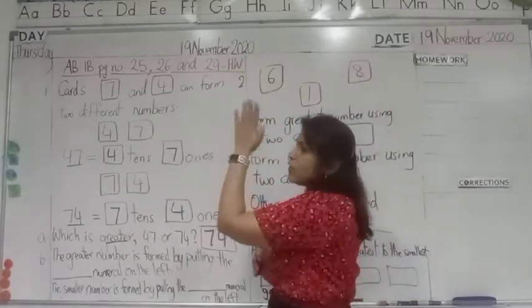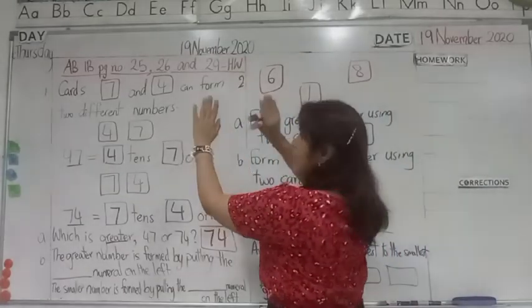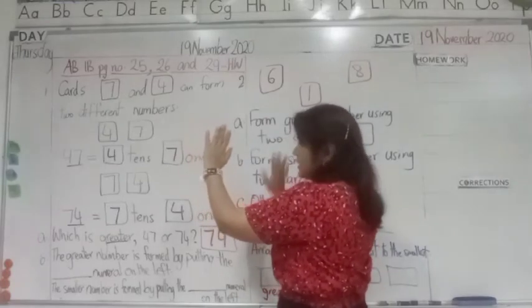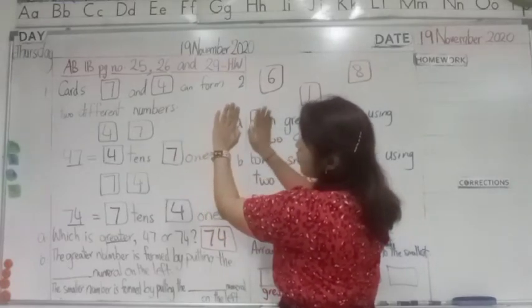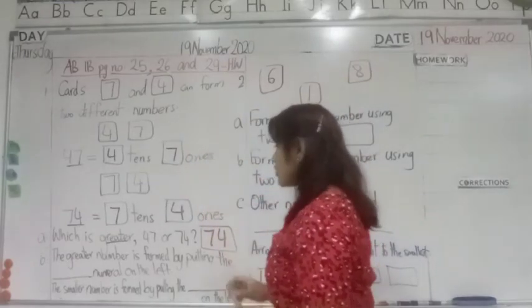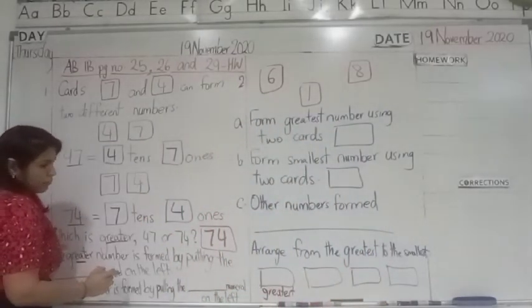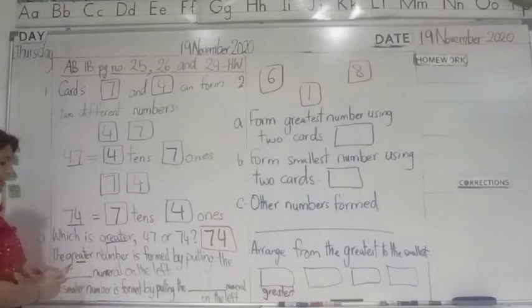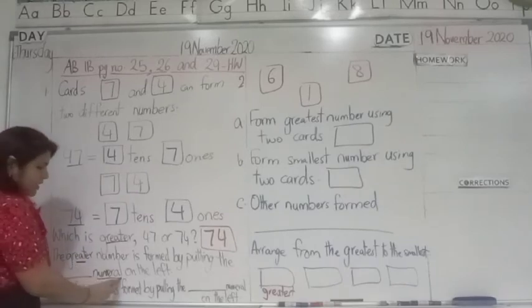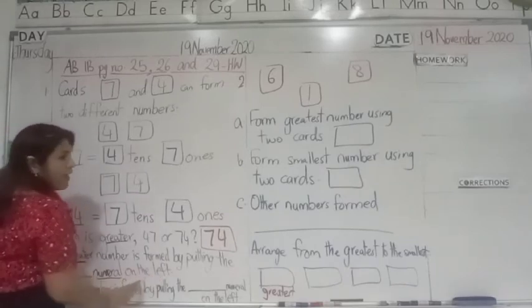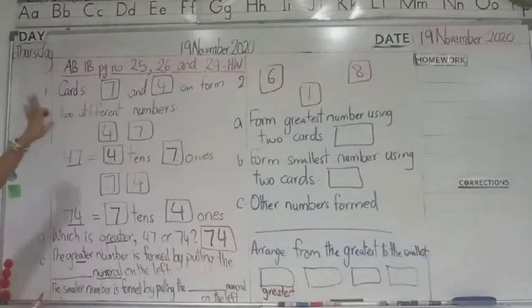Because tens is on your left hand side and ones is on your right hand side. Tens, ones. So to get the greater number, you have to put a greater numeral, numeral means number, on the left hand side.